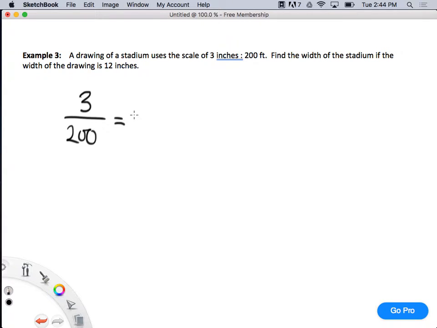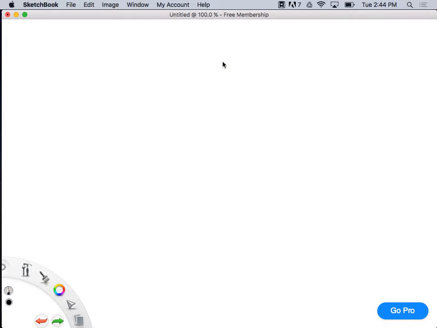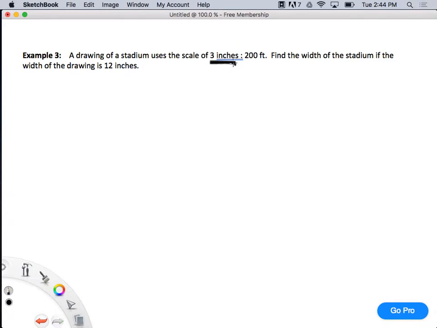And this ratio is set up in a way that it's the drawing, I'll put in blue, over the actual stadium size. So it's 3 inches over 200 equals, well, the drawing here is 12 inches, and I want to figure out the actual stadium.